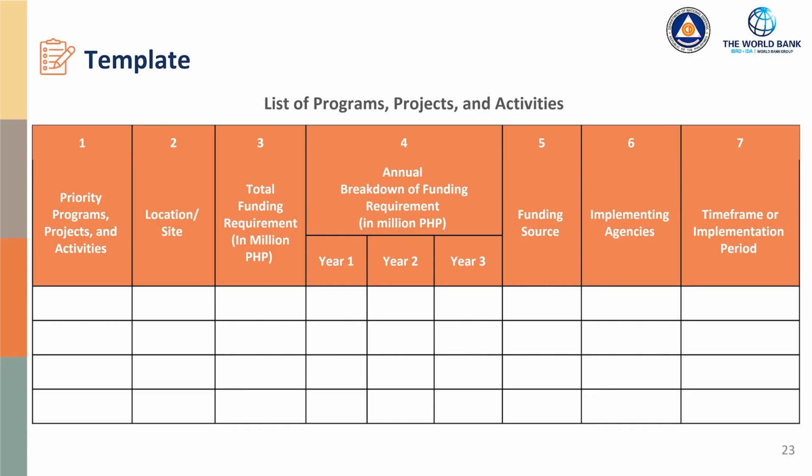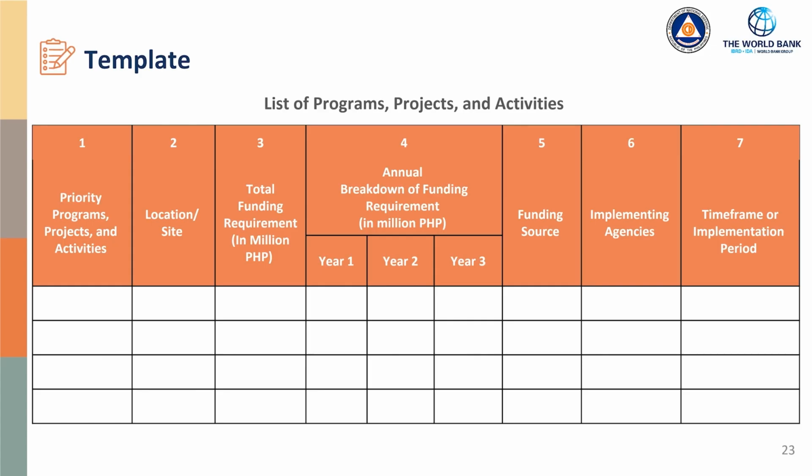This could be by the LGUs, the national government agencies, for example, Department of Agriculture, DOLE, DTI, or DPWH. These are just examples. And the last column will cover the time frame for implementation period. As I stated earlier, a project could be implemented for a period of 3 years.